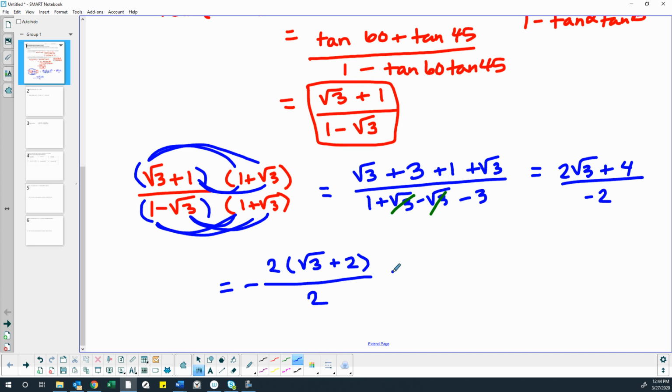So then I get 2 reduces into 2, and we're left with a negative square root of 3 plus 2. I'm going to distribute that negative through both of these terms. And our final answer is negative square root of 3 minus 2.